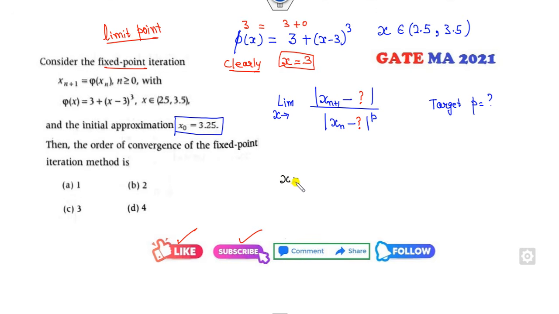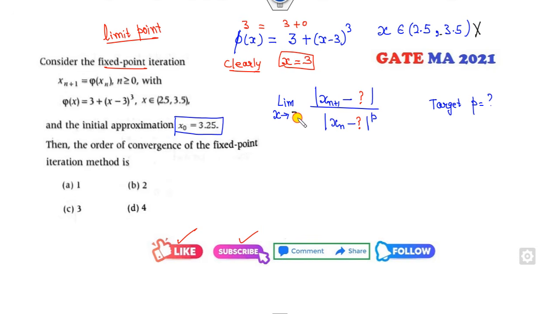Also you can see 4 is also a fixed point, 4 equals 3 plus 1 cube, but 4 does not belong to (2.5, 3.5). So the limit point is only 3.